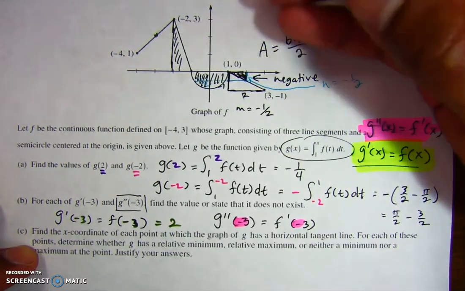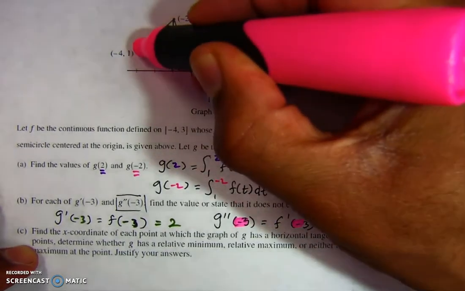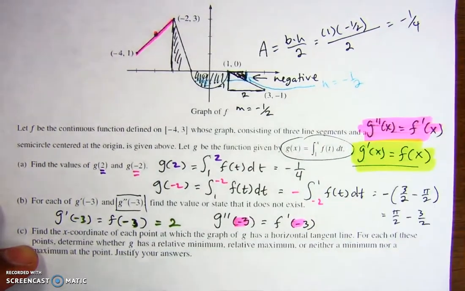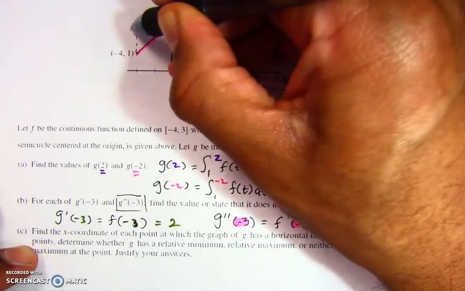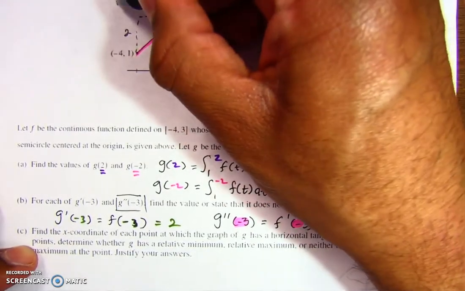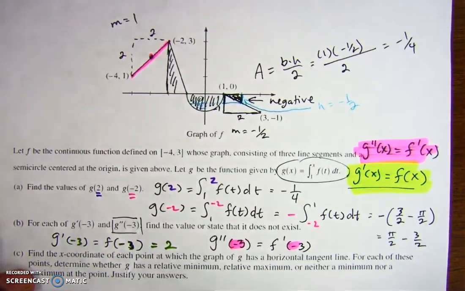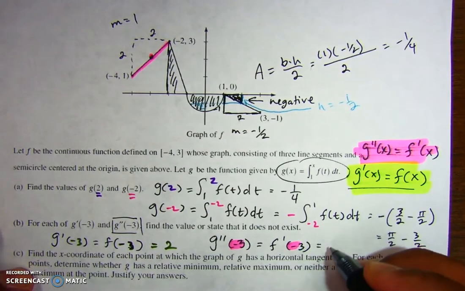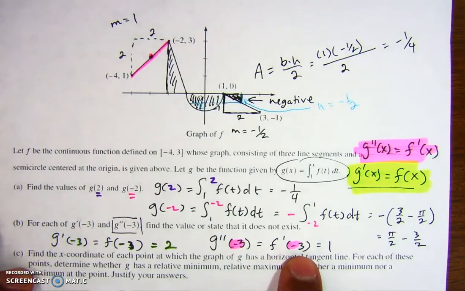So here's x equals negative 3, which happens to follow this line, which has a slope of up 2 and to the right 2. So it's a slope of 1. So if the slope is 1, that means our answer is going to be 1. That means that anywhere on this line we have a slope of 1, even when x equals negative 3.